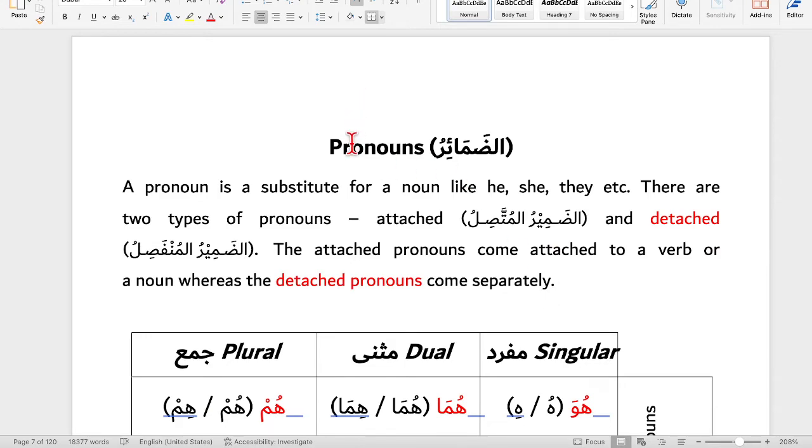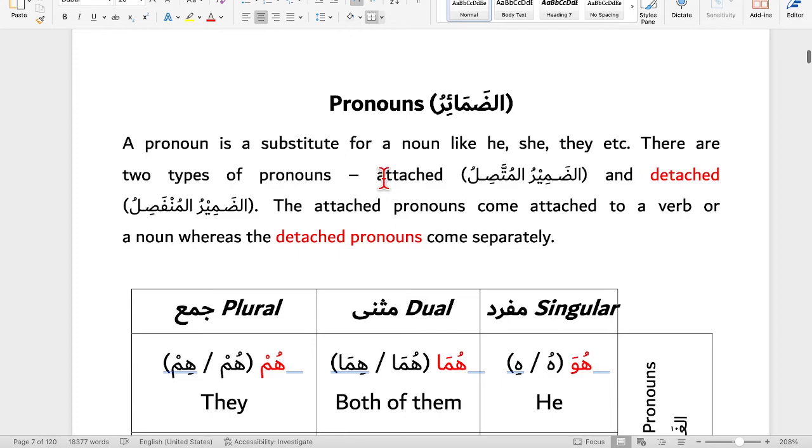Just like in English, nouns also have pronouns. Pronouns are words that substitute the noun. Like he, she: first we take the name of the person and then we use he, she or they. So similarly in Arabic, we have pronouns. In Arabic there are two types of pronouns: attached pronouns, muttasilun, and detached pronouns, munfasilun.